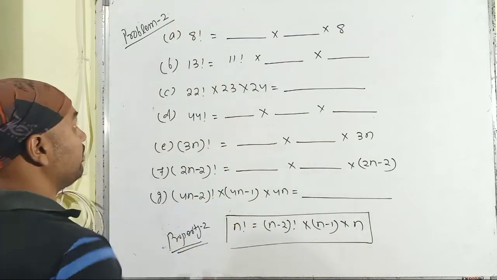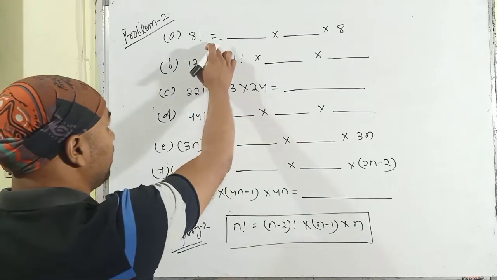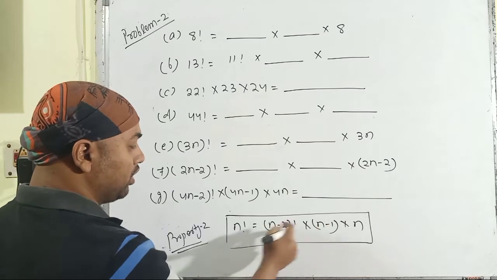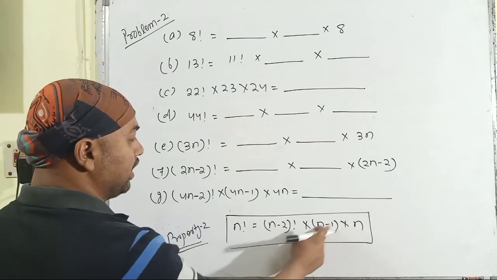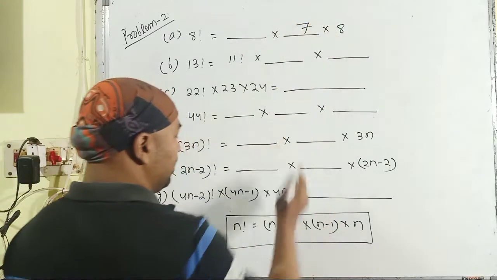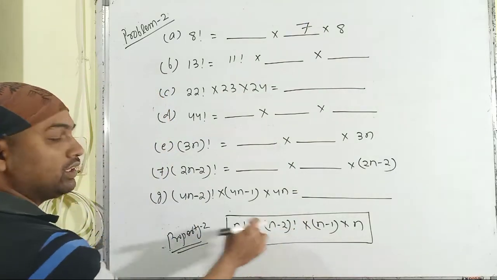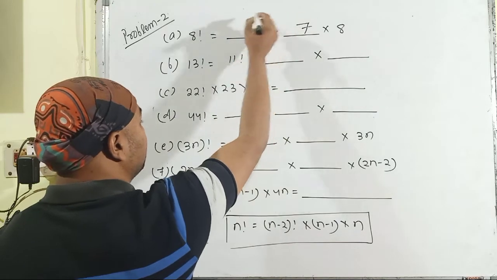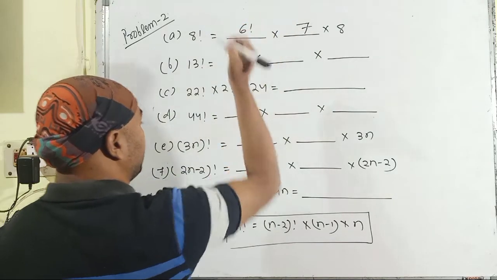8 factorial can be written, approaching the right hand side of property number 2, as 8, then 8 minus 1, that is 7, then the factorial of the previous term of 7, that means 6 factorial.